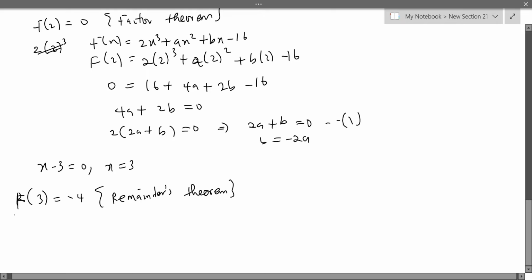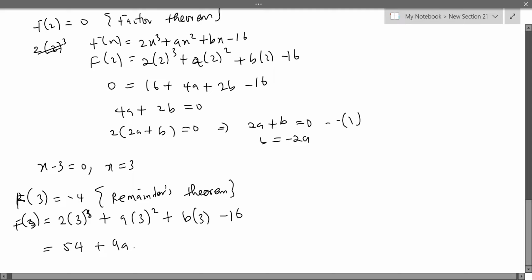So f of 3 will give us 2 times 3 cubed plus a times 3 squared plus b times 3 minus 16.